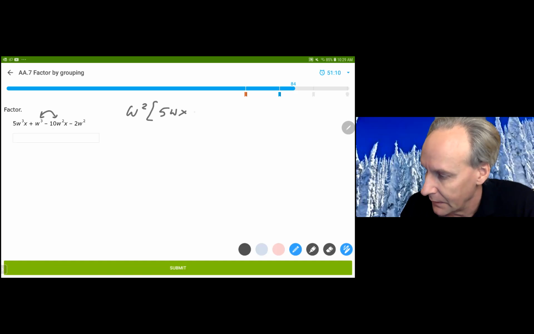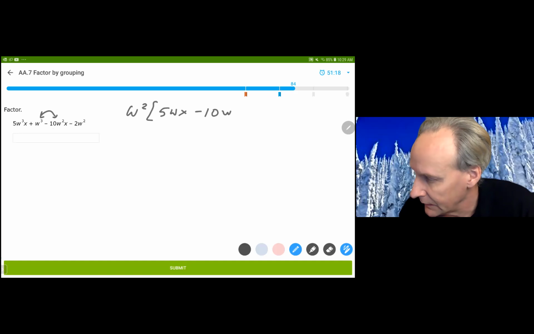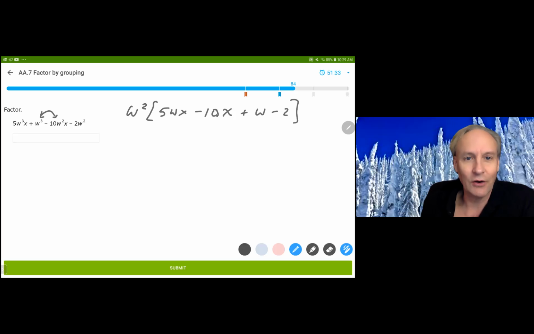And then I'm going to have a minus 10WX, because I'm taking out W squared. Oh wait, I'm taking out W squared. I'm just going to have 10x. Oops. Sorry about that. 10x. And then I'm going to have my plus W, and then I'm going to have a minus 2. So that's not so bad, I hope.